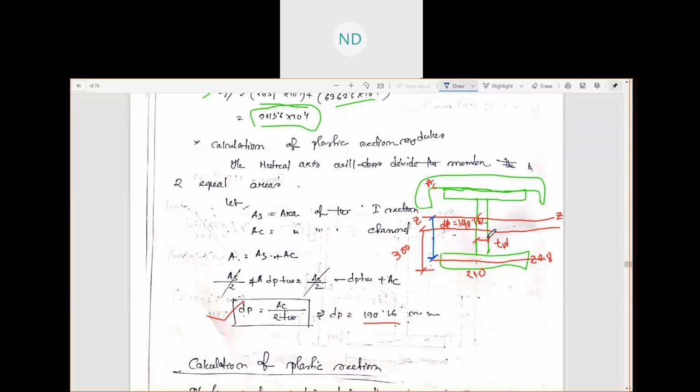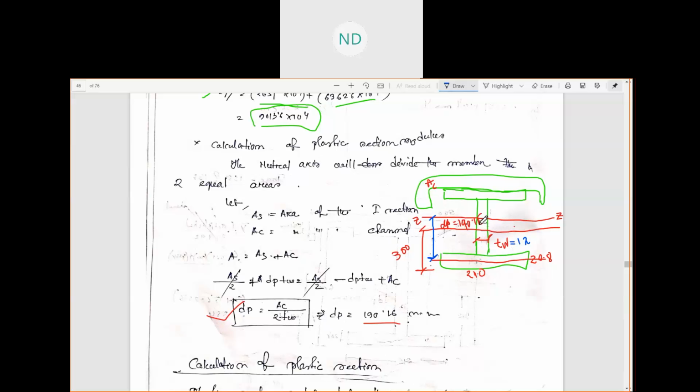This distance and TW we already know. So it is 490.16 minus 20.8 into your TW, which is 12. TW is 12. So this is the area here.